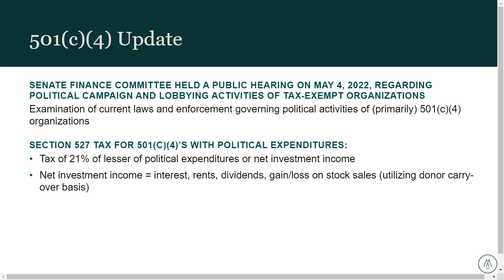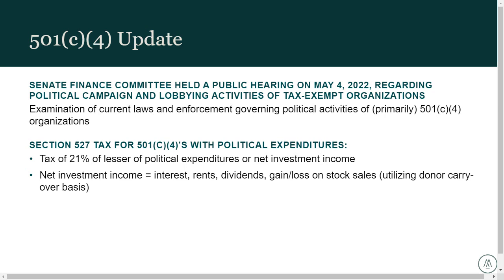The IRS and Congress have been seeing an increased participation in the political process by these types of organizations, and they are somewhat concerned that the organizations and individuals contributing to these C4s are doing so anonymously, because C4s are not required to disclose their information under 990 to the IRS.